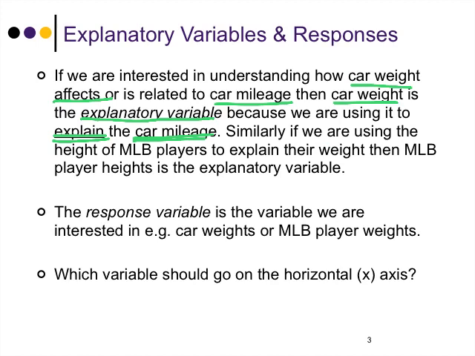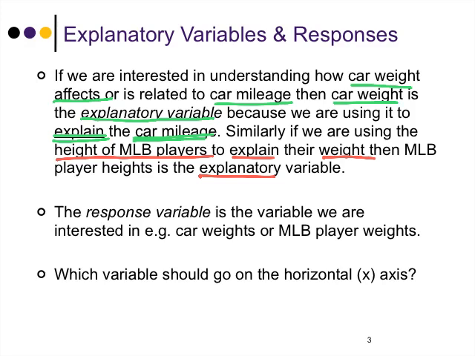Similarly, we were using the height of the players to explain or predict their weight. So in this case we call the height the explanatory variable. The response variable, or the variable that we are trying to predict, is that which we are interested in, right?